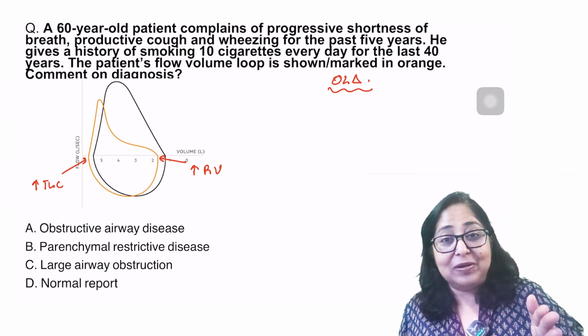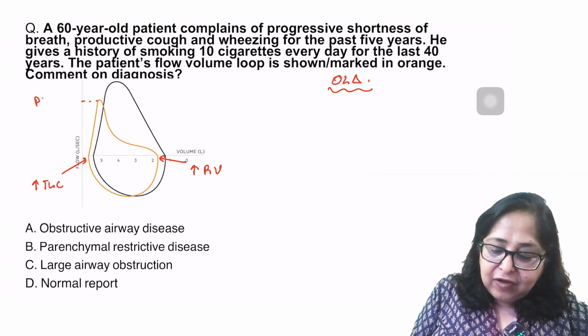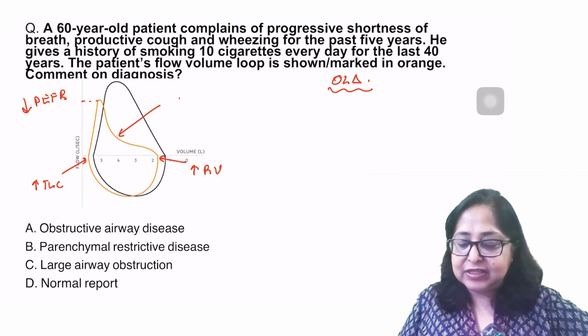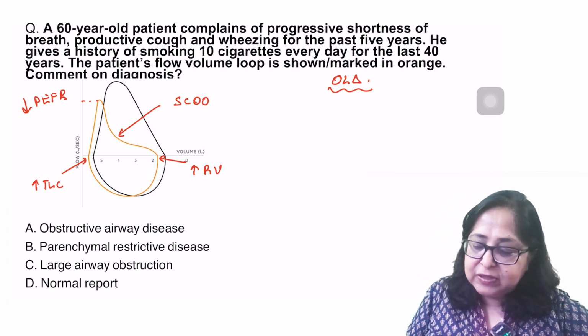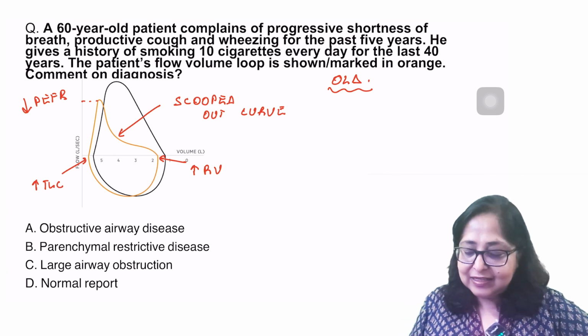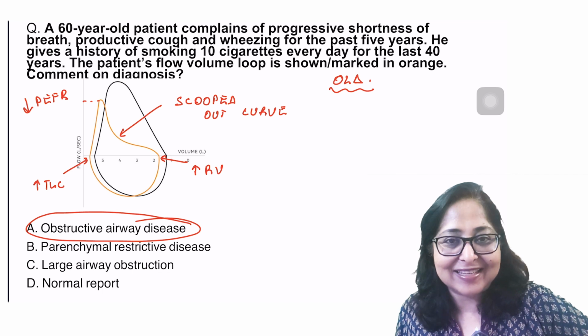It's to the left of normal. Right? The PEFR is reduced and the MEFR is markedly reduced. This is called a scooped out curve. This is typically seen in obstructive lung disease. So this is an obstructive airway disease.